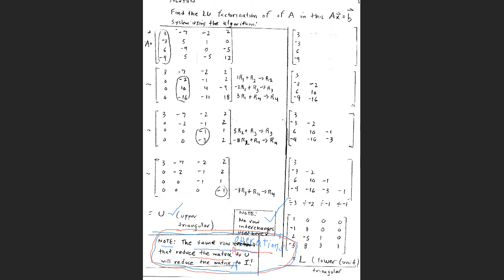The same row operations, and please make sure you have it correct in your notes: the same row operations that reduce the matrix A to the upper triangular matrix U will reduce the matrix A to the identity matrix.